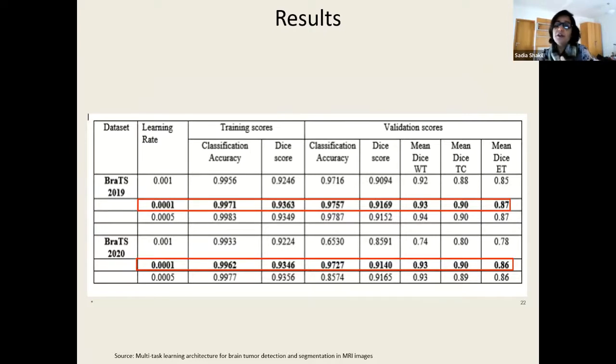The efficiency of classification is measured in terms of accuracy, which just tells how accurately the 2 or 3 or 4 classes are identified correctly by the model. The efficiency of segmentation is measured using the DICE score, which tells us how good the match is between the labels provided by the radiologist or by the expert and whatever we have obtained from our own model.